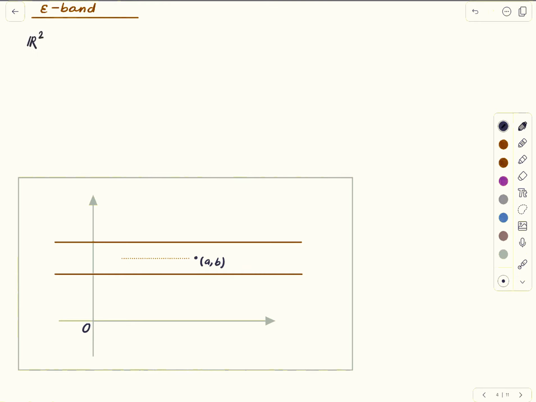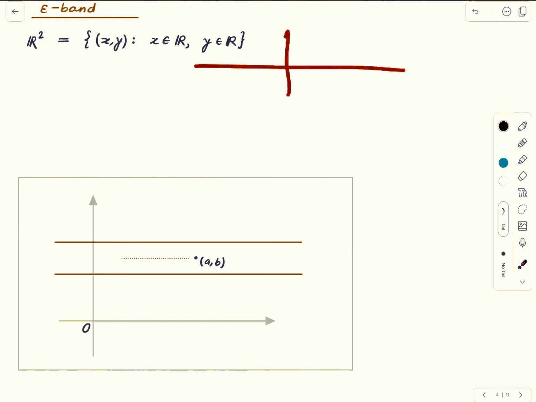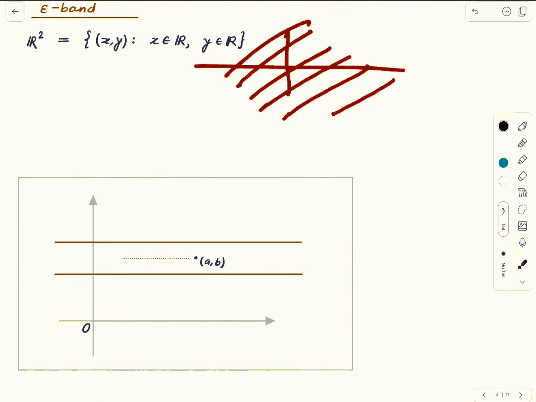First of all, we write this notation R2. This is the Cartesian product of R with R. So this is of course equal to this set. We imagine it as our plane, and this is called the x-axis, which is all the points where y is 0. This is called the y-axis, which is all the points where x is 0.